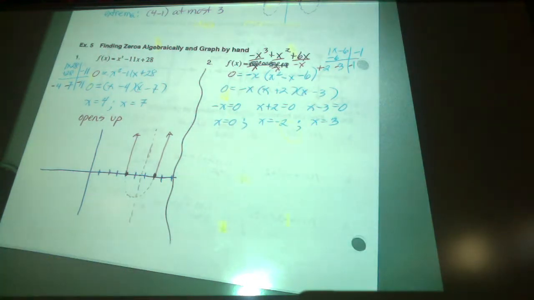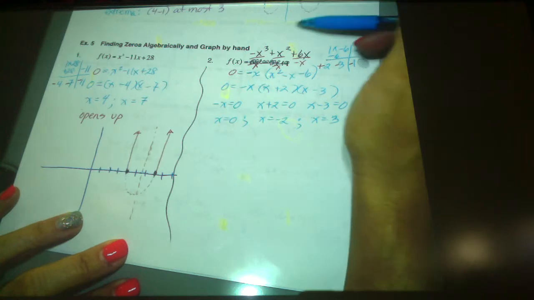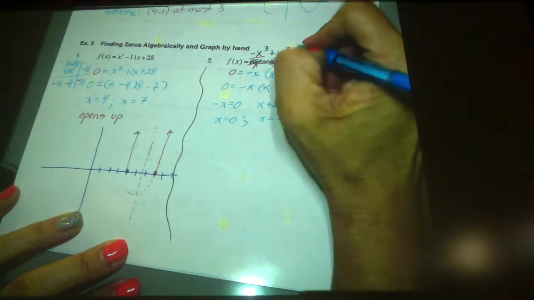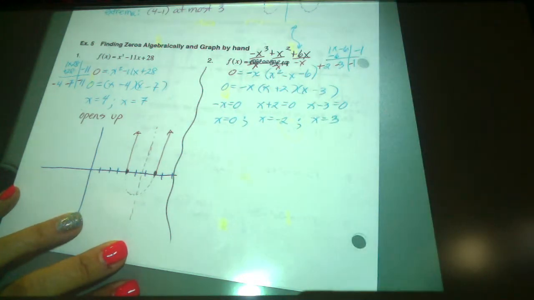So a couple things I know. I have a cubic function. It's got a negative leading coefficient. So does that mean my right-hand behavior is going up, or is it going down? Down. So I know that my graph sketch should look like this, shouldn't it? And I know I'm crossing the x-axis in 3 places.